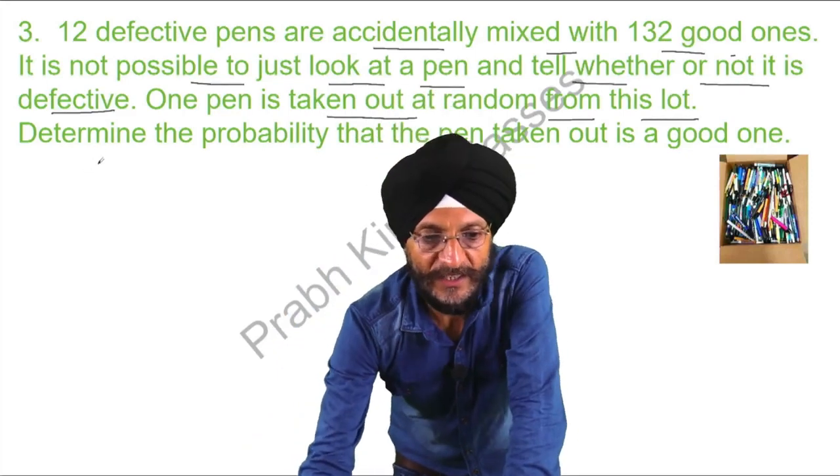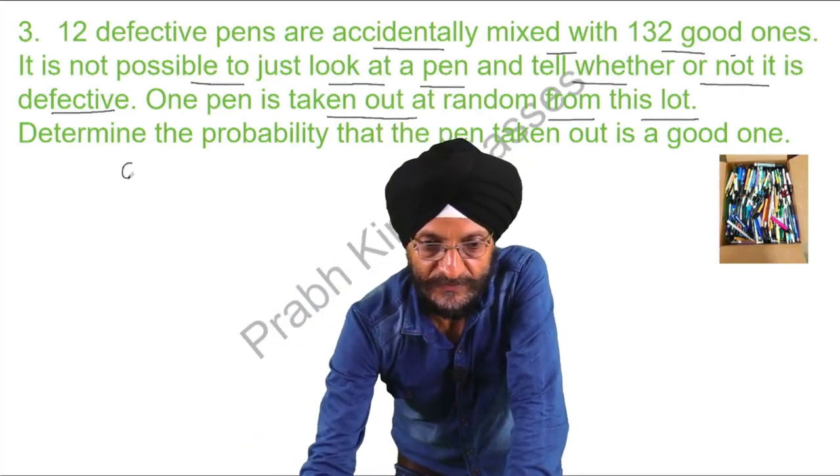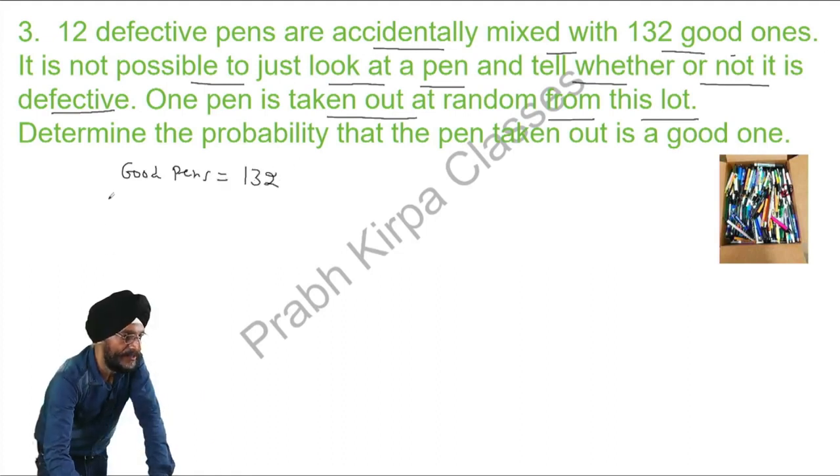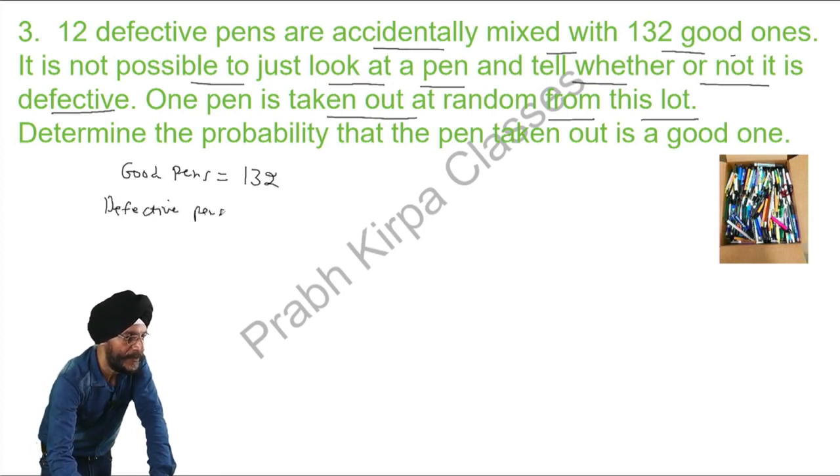There are some good pens, and the quantity of this is 132. There are some defective pens, which are 12. Number of good pens, number of defective pens.